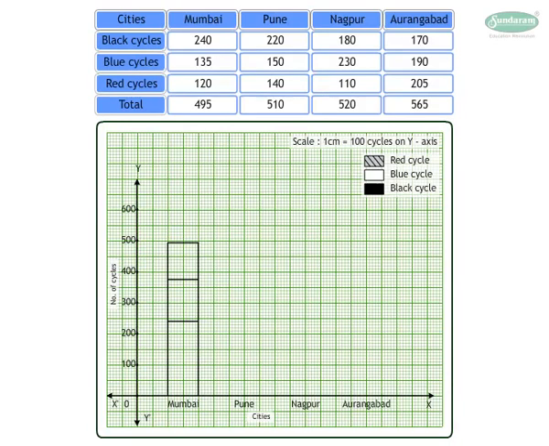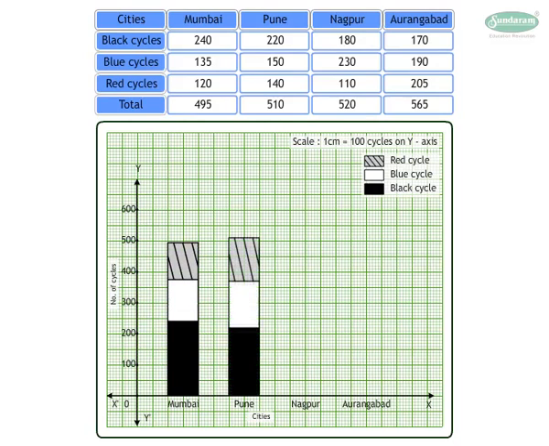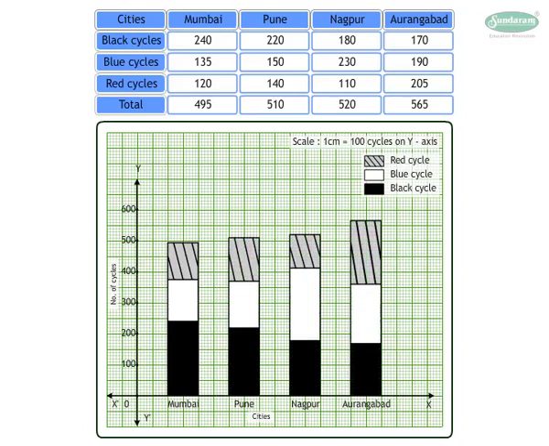Now the remaining part of the bar is for red bicycles. Shade the area which represents black bicycles, shade differently the area which represents blue bicycles, and the unshaded region represents red bicycles sold in Mumbai. Similarly, we will draw subdivided bars for Pune, Nagpur and Aurangabad, leaving one block after each bar.